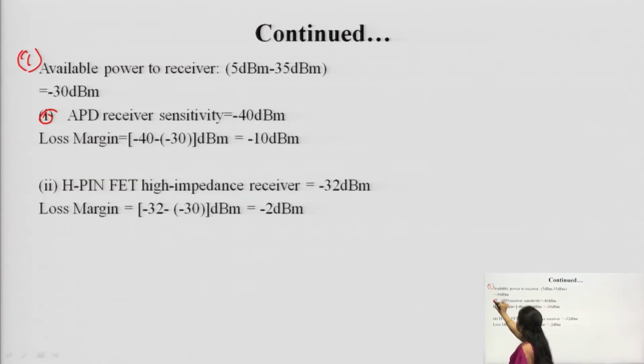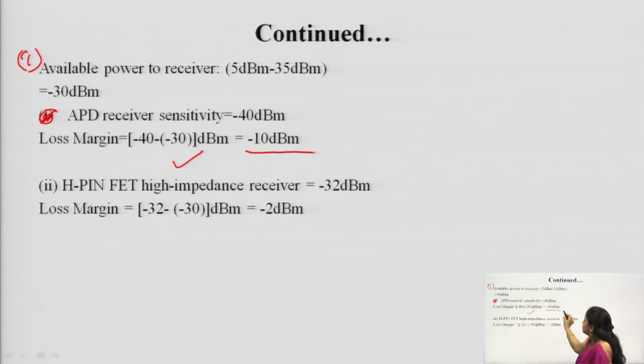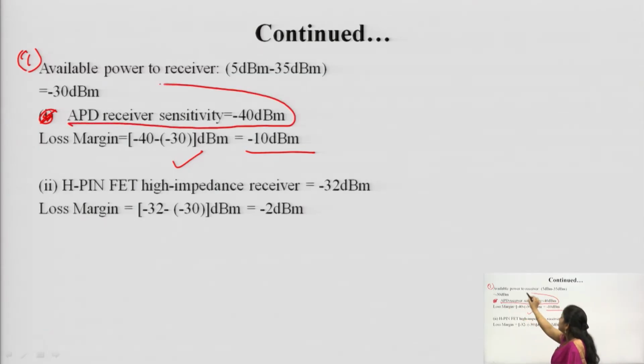The available power at the receiver is minus 30 dBm. Now the loss margin is equal to minus 40 dBm, which is our APD receiver sensitivity, minus the available power at the receiver, which will give the loss margin.